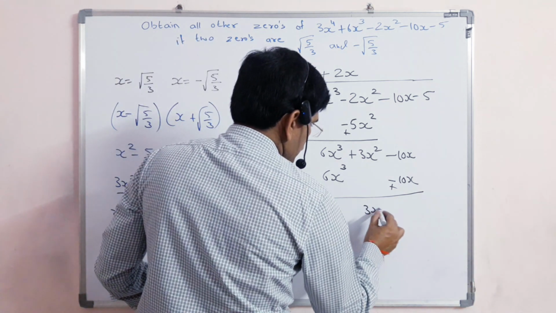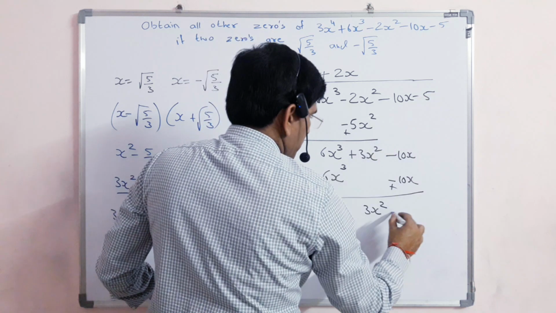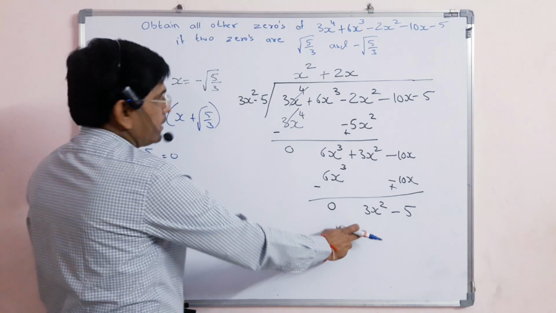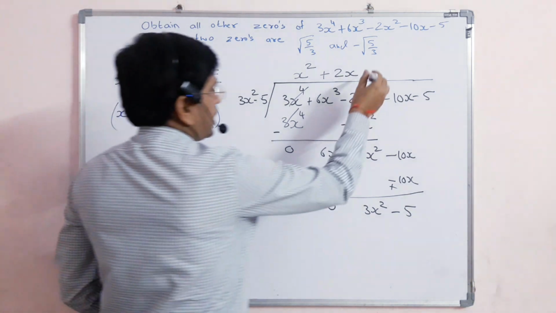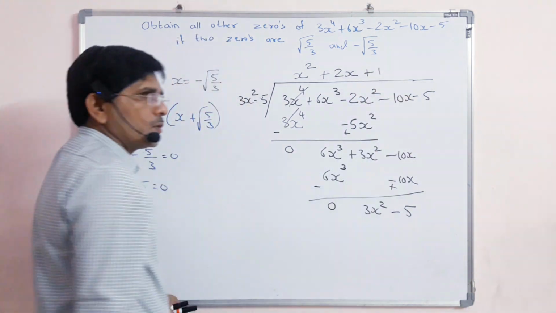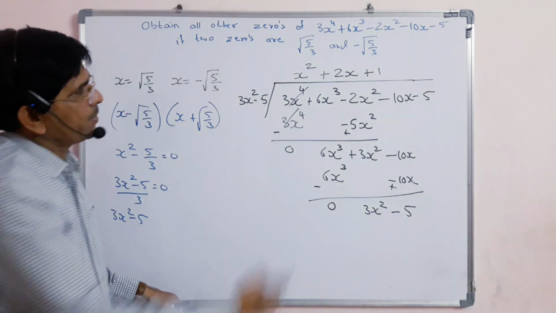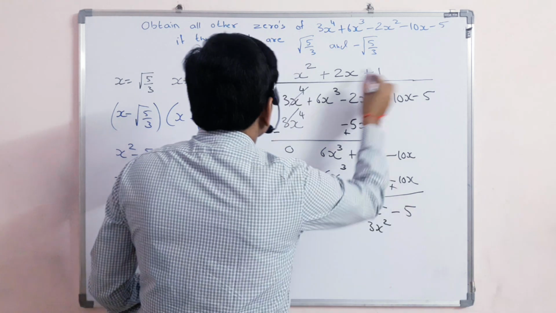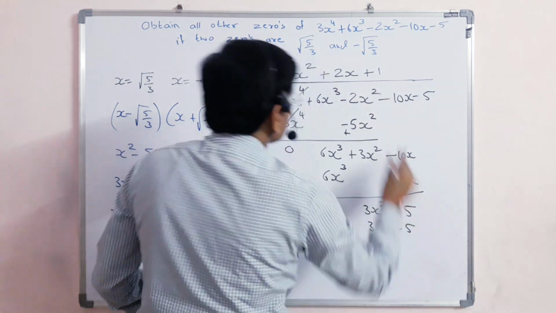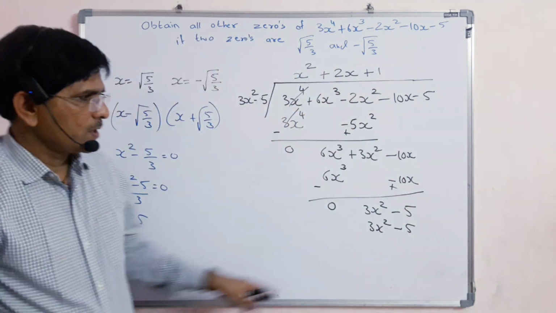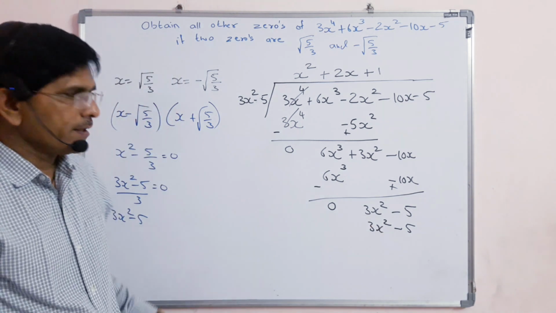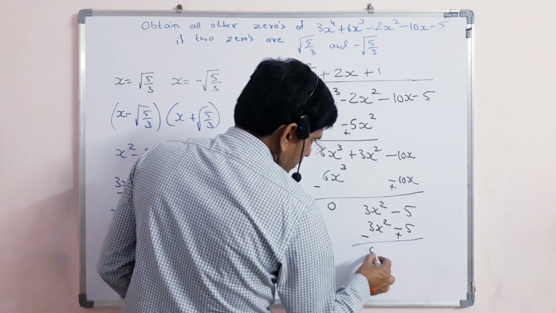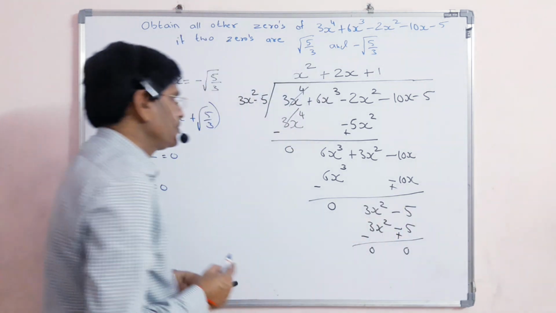So 3x² is remaining and −5 is remaining. 3x² divided by 3x² gives plus 1. Now plus 1 multiplied by 3x² and plus 1 multiplied by −5 gives −5. Now change the sign, so we get 0.